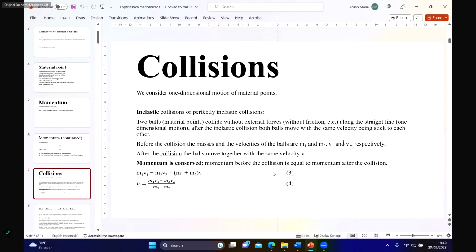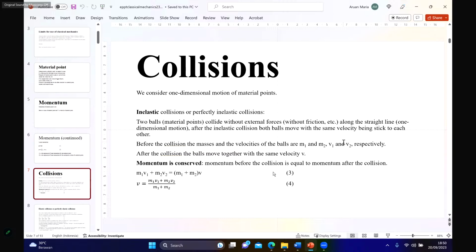Number 4 is the solution, because only one velocity v in equation number 3 is unknown. So it is easy to express the unknown quantity v using equation number 4: m1 v1 plus m2 v2, and the result must be divided by m1 plus m2.